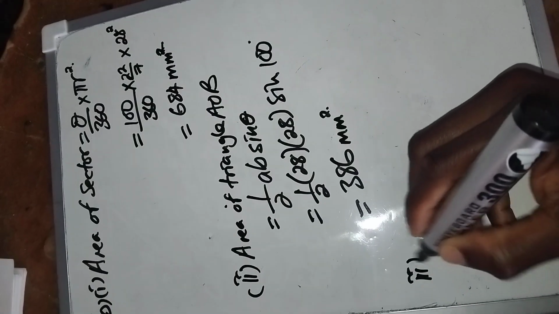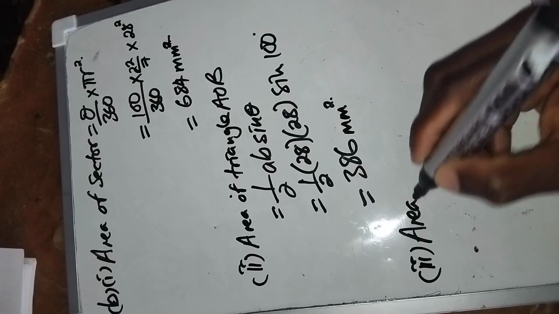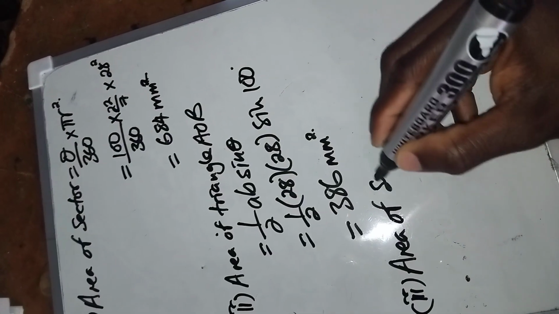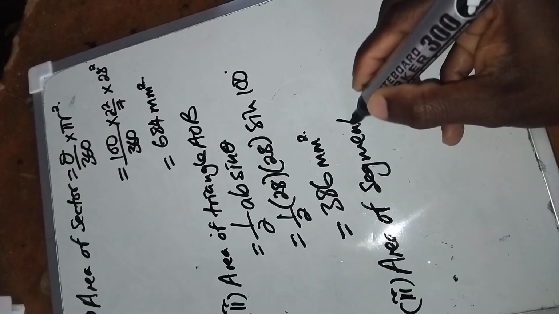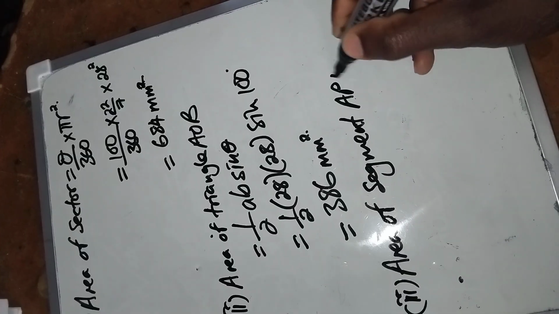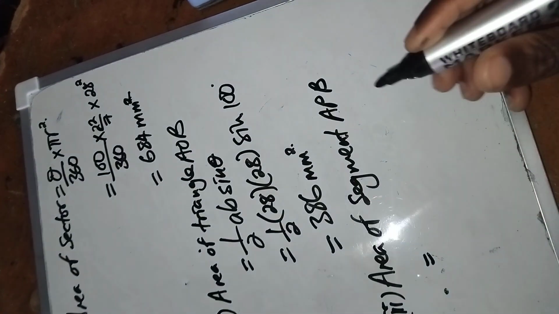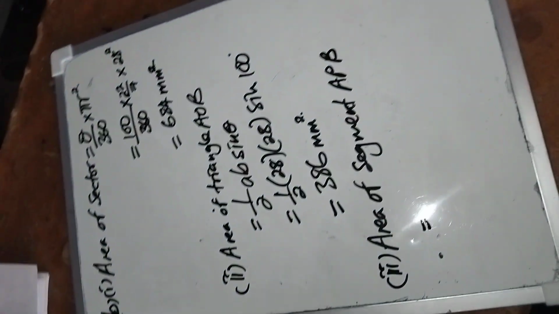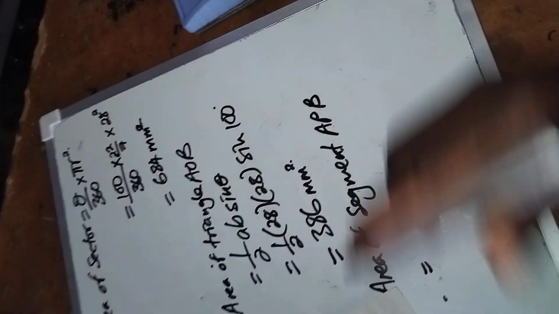Then area of a segment, the formula for the area of a segment APB. This is a segment, like this.